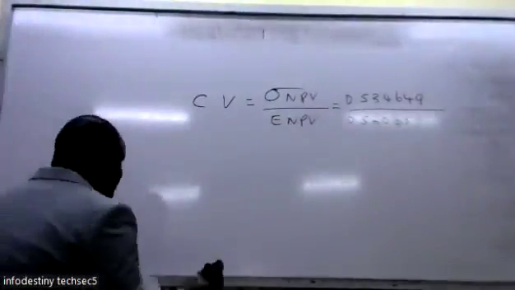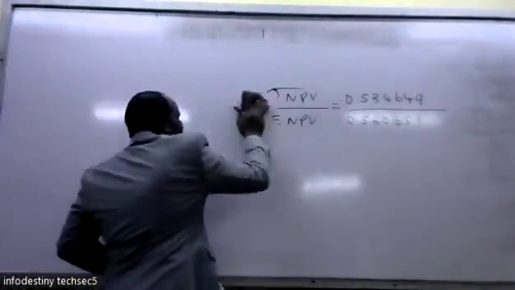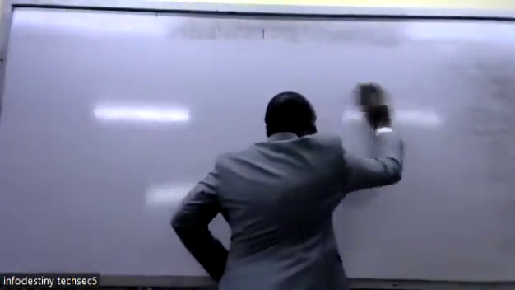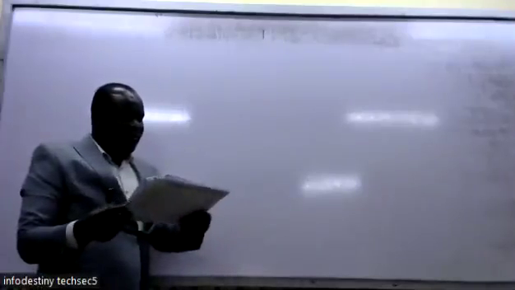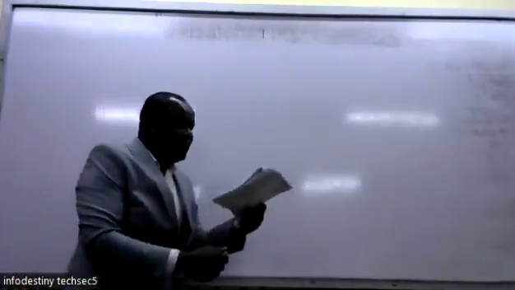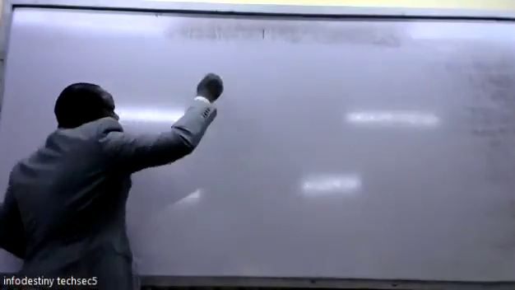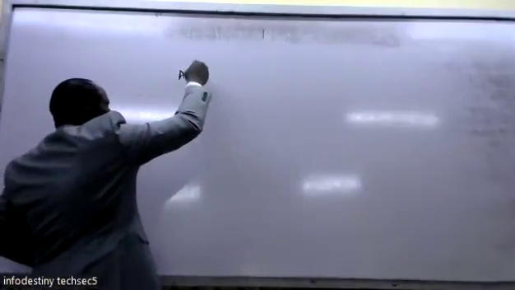The first thing we should do is to come up with the random number range. So I will do the first one for the annual cash flows.